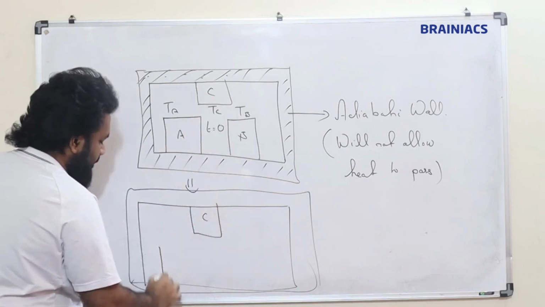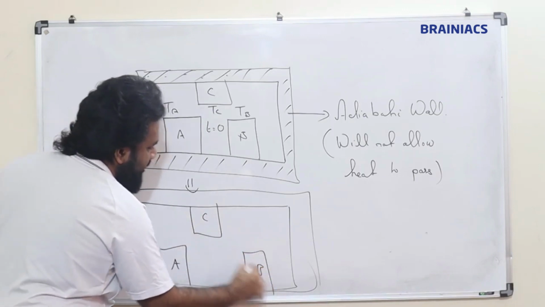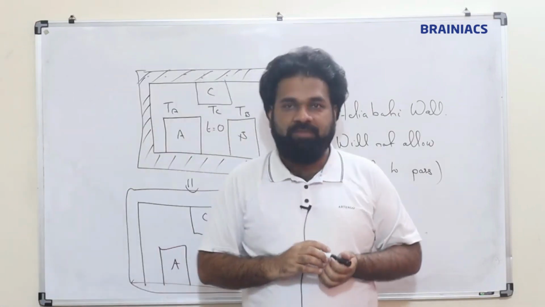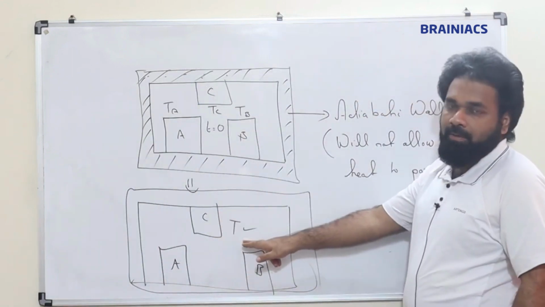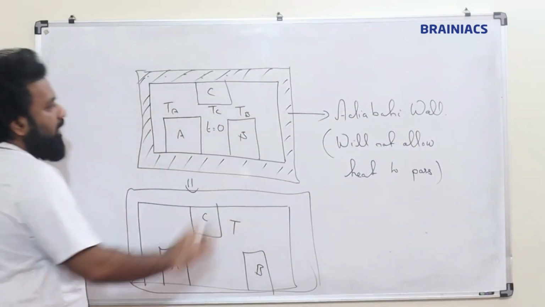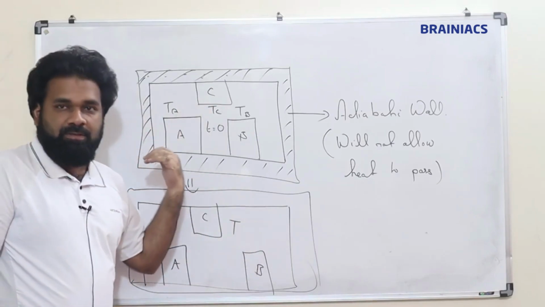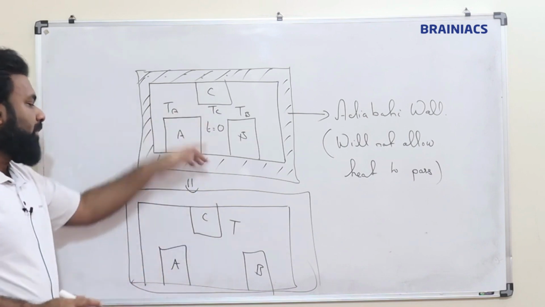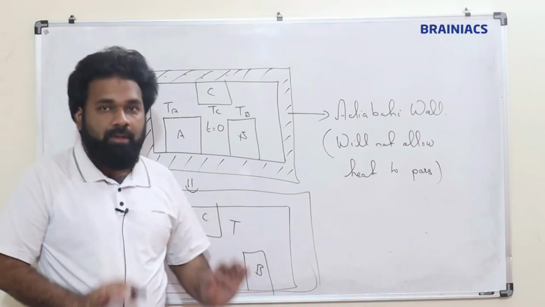Finally, C, A and B will all have one temperature, that is T. The temperature of body C, body A and body B will all be the same, T, not TC. Whichever has less temperature will accept heat, and whichever has more temperature will reject heat. Likewise, heat transfer will happen between them, and finally they will attain thermal equilibrium.